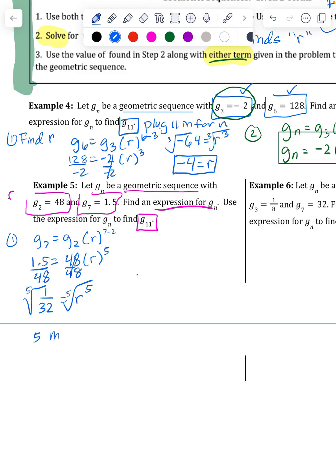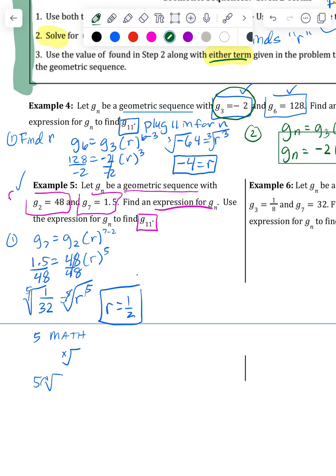And then if you go to math, you should be able to see a root symbol like this. And so if you type in the 5, it'll put that in there. Now, depending on how old your calculator is, it may or may not display it in that index spot, but you've got to tell your calculator, I'm taking the fifth root of 1 over 32. And when you do, you find out that R is 1/2. So first mission accomplished. And they don't tell you to find R, you just have to.